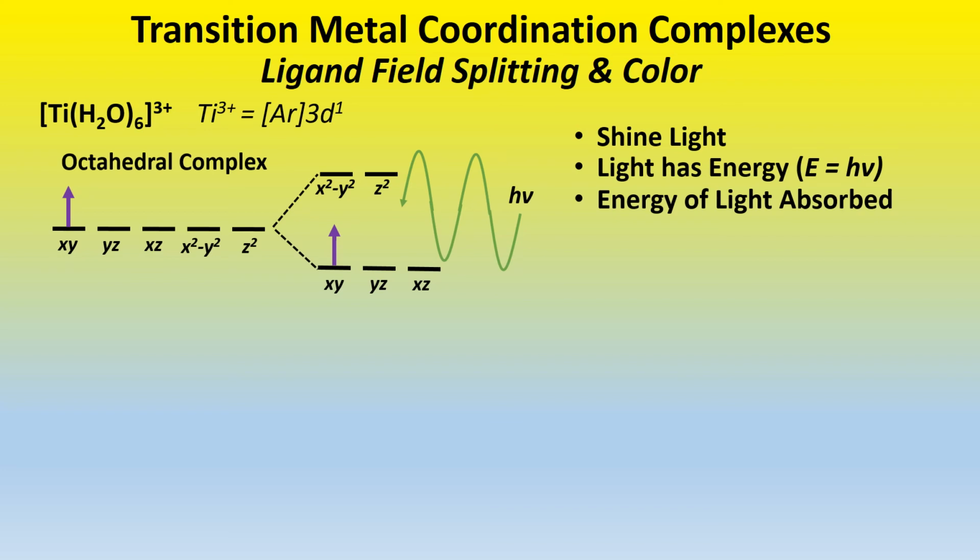If the light has the correct frequency, the electron can absorb that energy and move to the next energy level. It can go from the bottom up to the top. What is essential in this case is that the energy of the light, h times the frequency, must be equal to the crystal field splitting energy of delta zero.